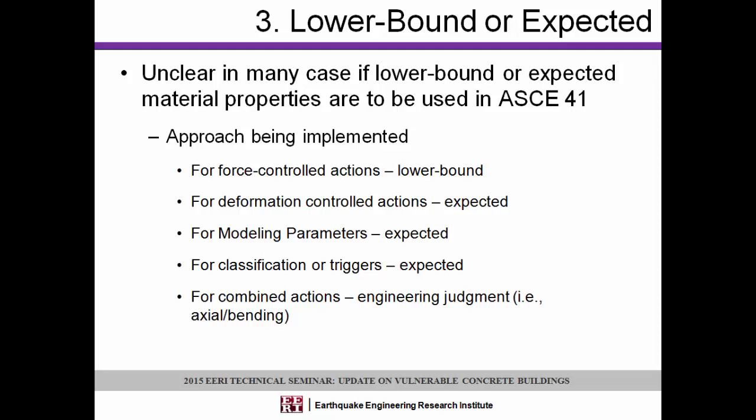If you look at something like axial bending interaction, do you take it as expected or as lower bound? It's not really clear depending on your failure mode. So at this point, we're leaving it to your engineering judgment until we come up with a better proposal. It gets a little tricky when you have these interactions. So now we're cleaning up the document as best we can. We'll get some of it done this cycle, and we'll hopefully get all this cleaned up for the next cycle.